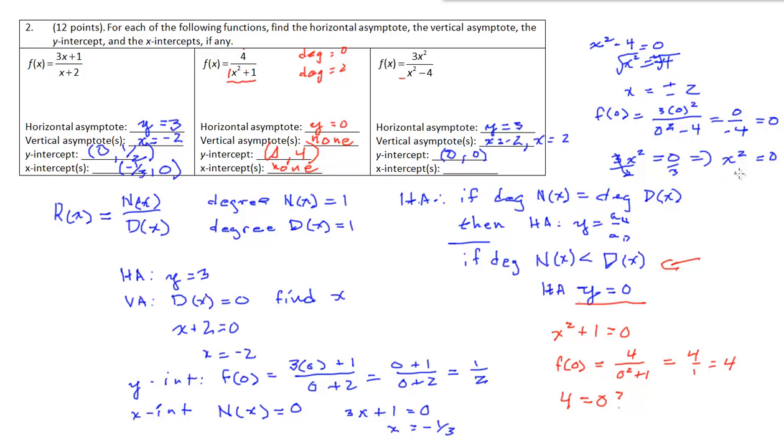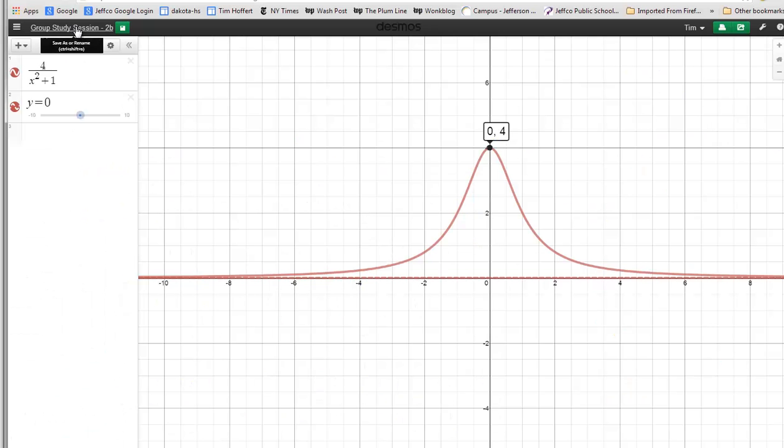Of course, I can take the square root of both sides, but that's just x is equal to the square root of 0, which is 0. So when y is 0, x is 0, it's the same point, and that's our answer. Let's do a real quick verification on that and take a look at this graph.